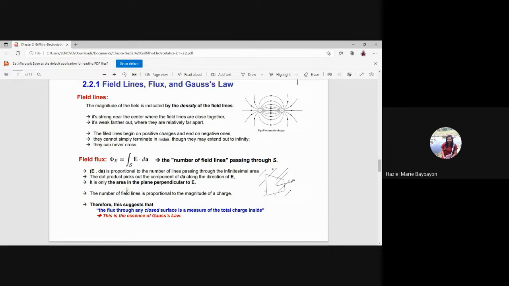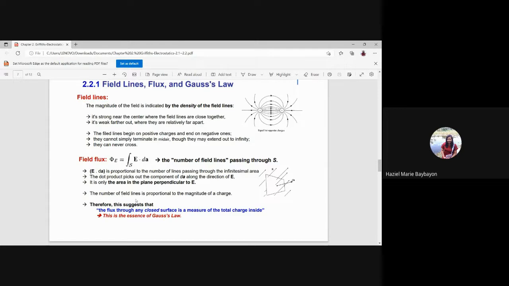Now, the area vector, this dA, class, we define as a vector that is perpendicular to the area or the surface. So if you have a surface that is oriented vertically, then your area vector is horizontal, either toward the east or west, depending on the orientation of your surface, but it is always perpendicular to the surface.